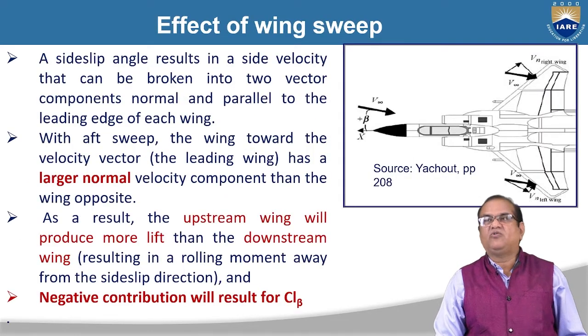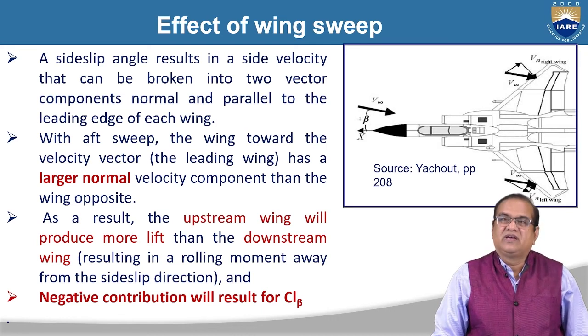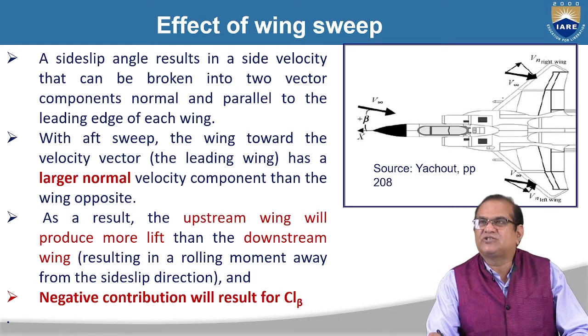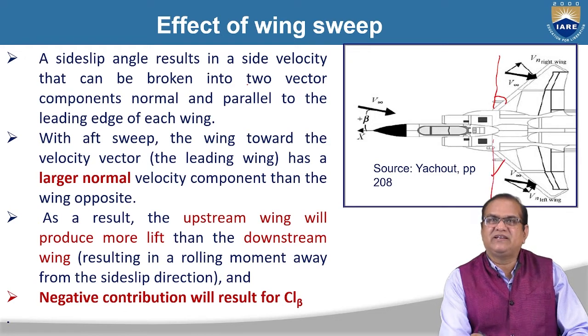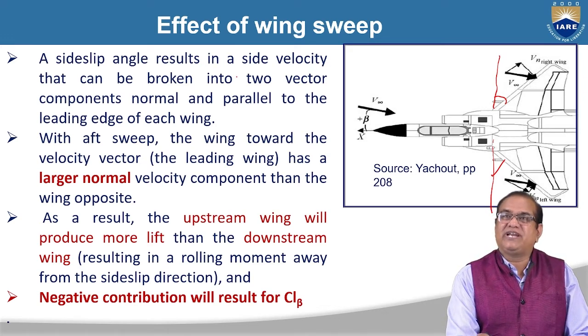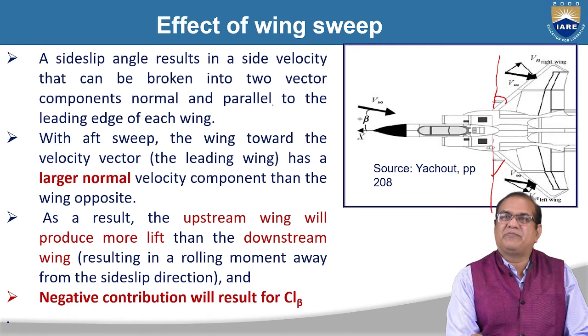Now the second parameter is the effect of wing sweep of the aircraft. You can see here, the wing is swept. This is the sweep angle. So if you see here, a sideslip angle results in a side velocity that can be broken into two vector components, normal and parallel to the leading edge of each wing.